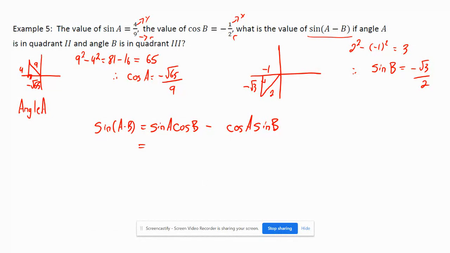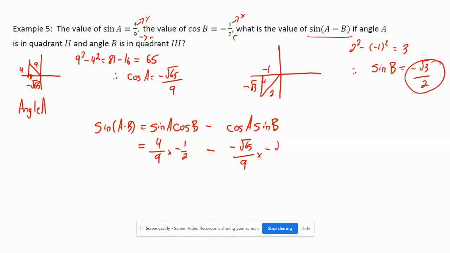So sine A is 4/9. Cos B is negative 1/2, minus cosine A is negative root 65 over 9. Sine B is negative root 3 over 2.